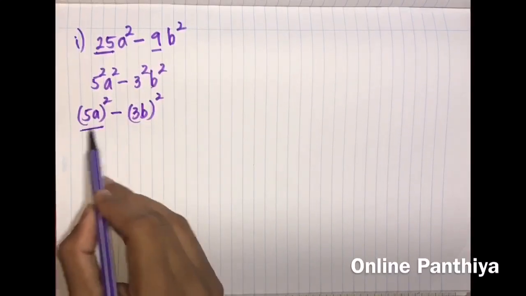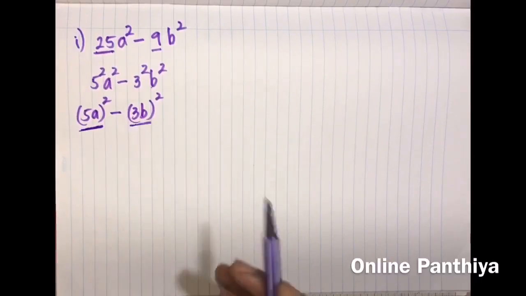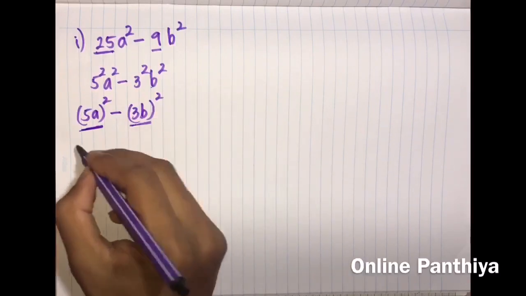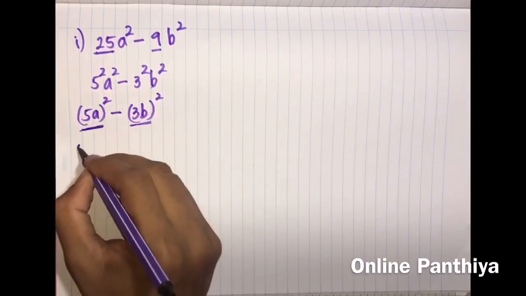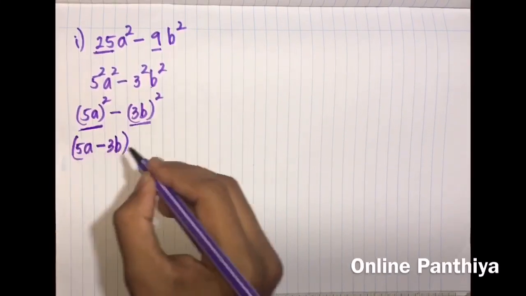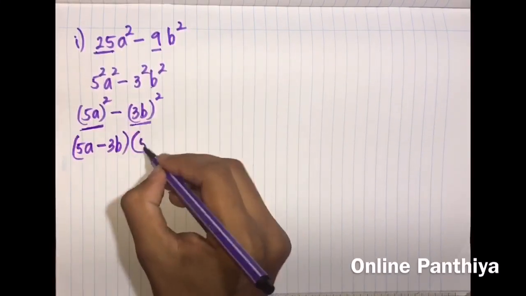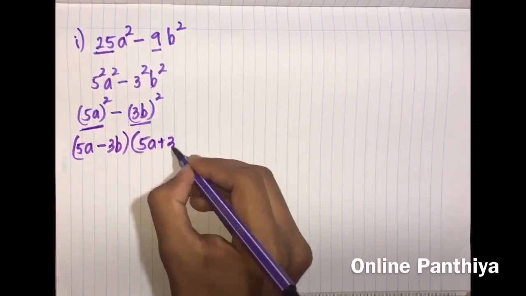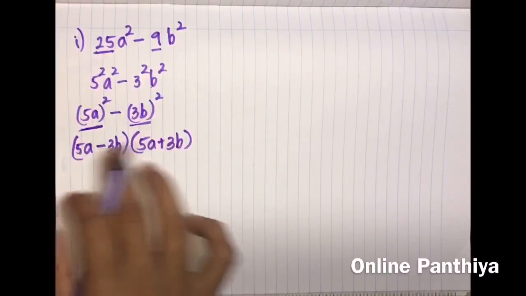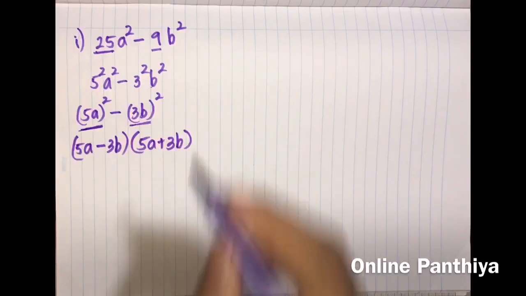Now this is like one term, this is like another term. Therefore how do you factorize? You write the first term minus the second term inside one bracket, and in the other bracket, first term plus the second term. You can even interchange, no harm. Okay.